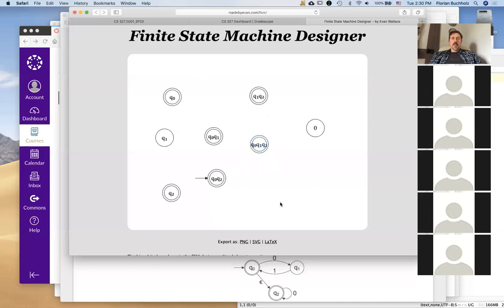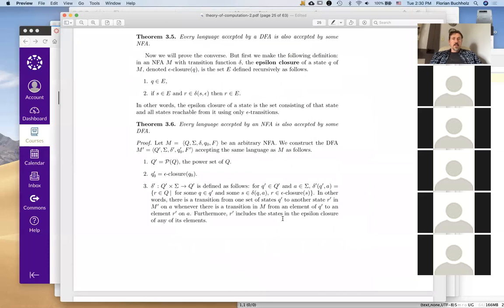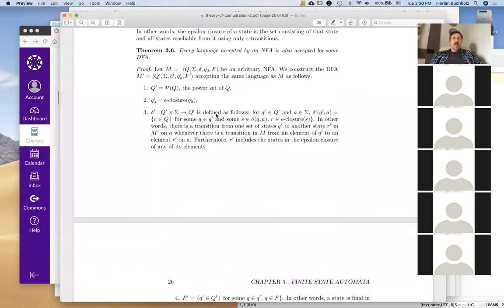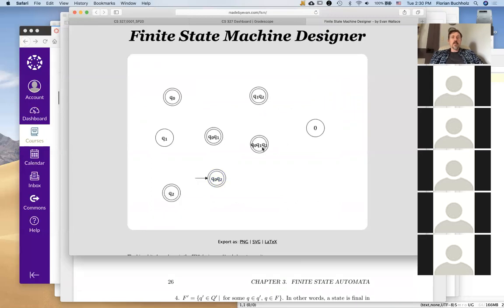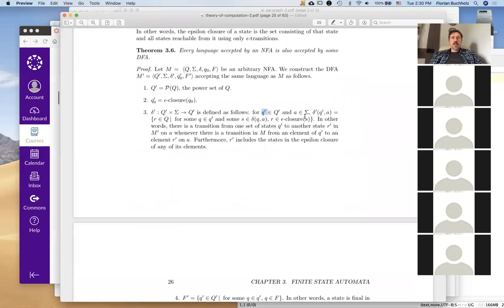Okay, so now let's go back to this. We now need to see, okay, we are looking at one of the new states. So we're going to be in one of these states. And we now have to see, on a, that's our input, so in our case that's 0 or 1, how do we need to transition?